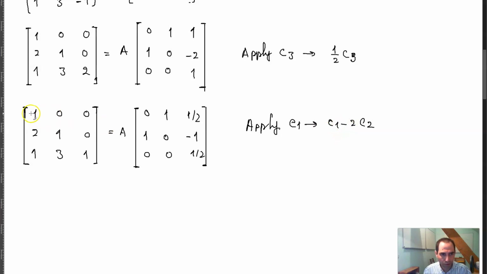so for example, you have 1 minus 2 times 0, which is equal to 1 minus 0, which is equal to 1. And then you have 2 minus 2 times 1, which is equal to 2 minus 2, which is equal to 0.